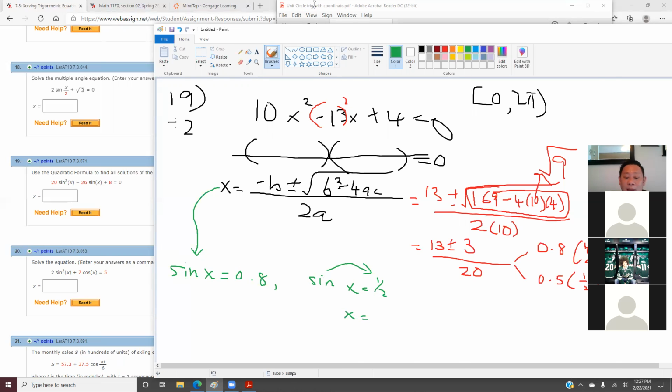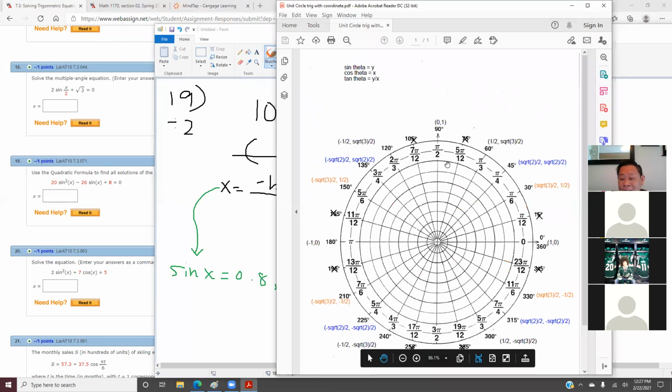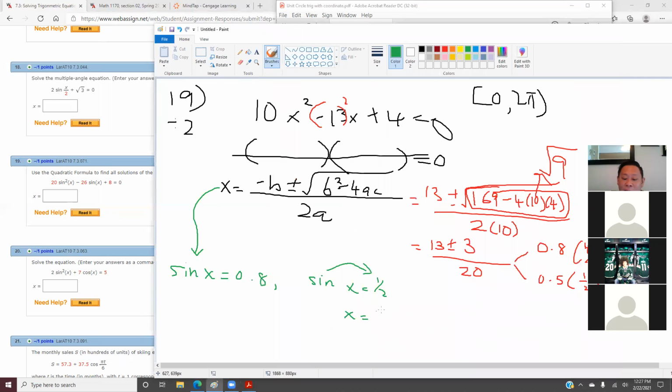Using the unit circle, sine is your y coordinate. Which one of these is a half? Pi over 6 and 5 pi over 6. Don't forget, because sine is positive in quadrant 1 and quadrant 2. So pi over 6 and 5 pi over 6 is your answer here.